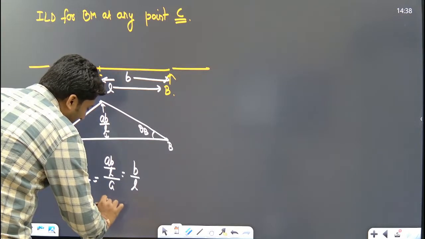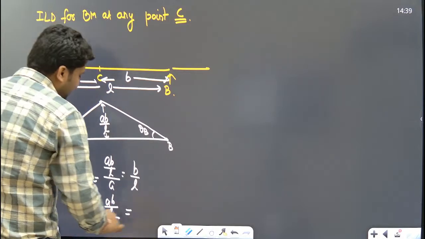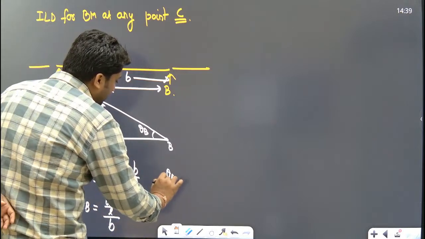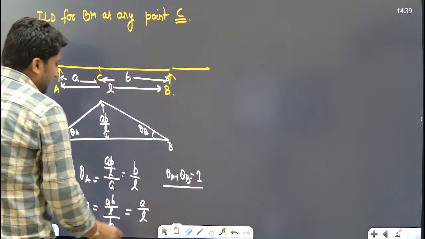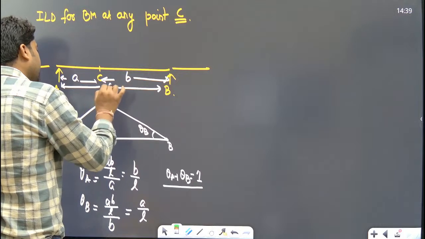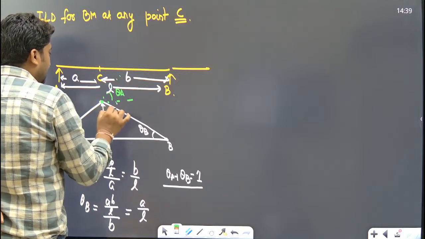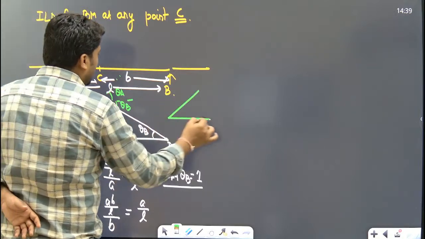Perpendicular by base, AB upon L and upon B. So this will be equal to A by L. So the total rotation theta A plus theta B is equal to 1. You can see very carefully, we will assume an imaginary hinge. This rotation is theta A and this rotation is theta B. So the total rotation is 1.